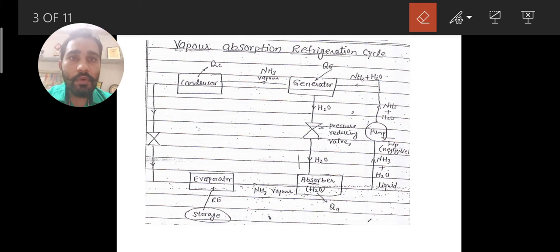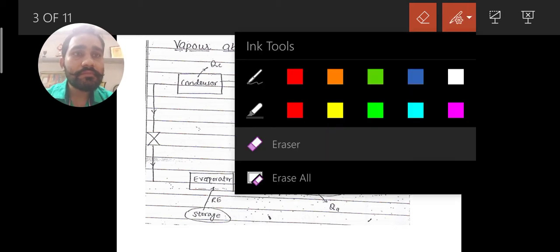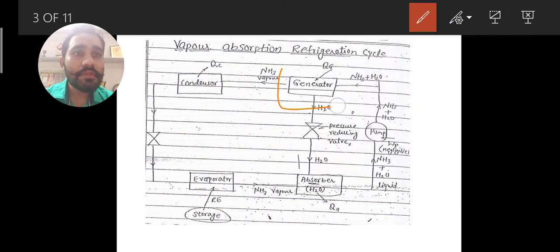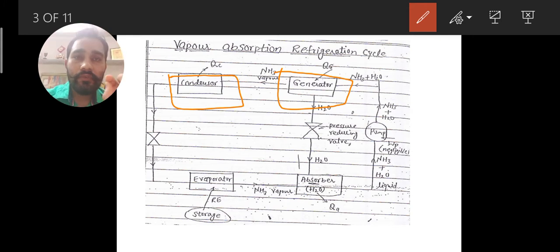Now let us see how it works. First of all, what is the energy interaction of all these components? This is the generator, where we are supplying energy, Qg. This one is the condenser, and as usual we know that in the condenser there is always rejection of heat.